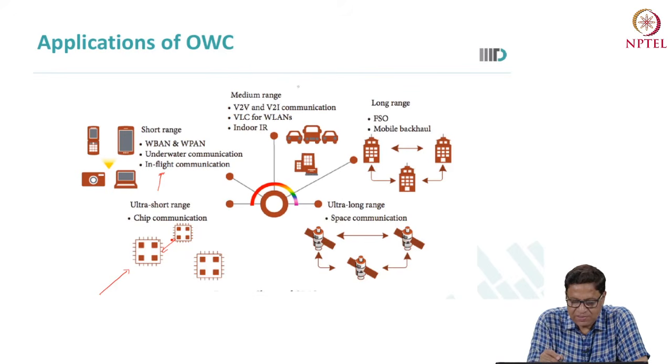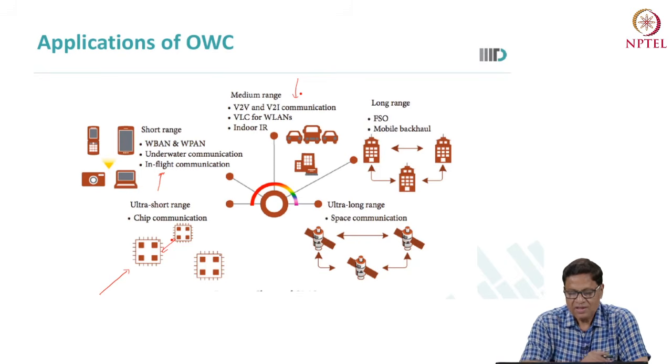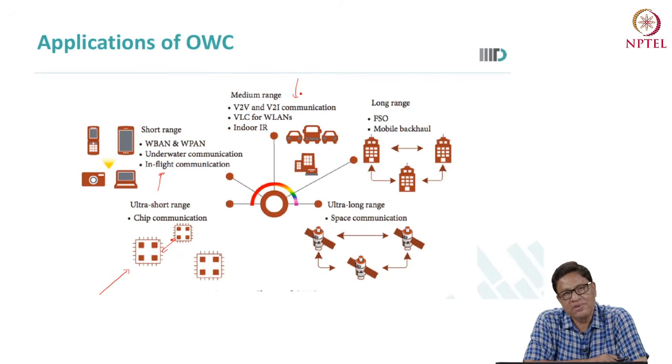The next is medium range. Some of the examples are mentioned here, one of them is vehicle to vehicle communication. You can exploit the headlight of the car and communicate with the vehicle which is ahead of you, or vehicle to infrastructure communication, from the vehicle to, for example, traffic lights, or from the roadside lamp, or from infrastructure which is situated near the road.